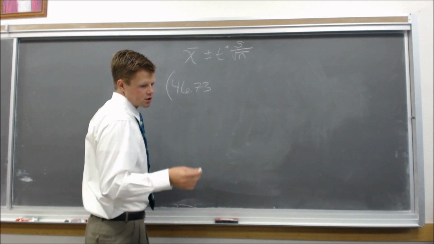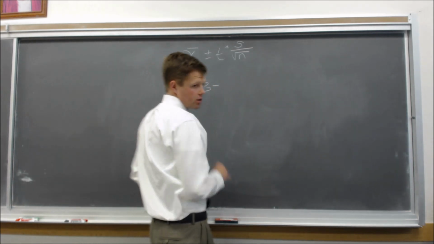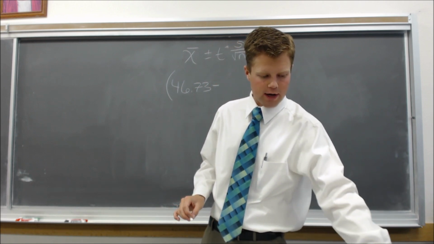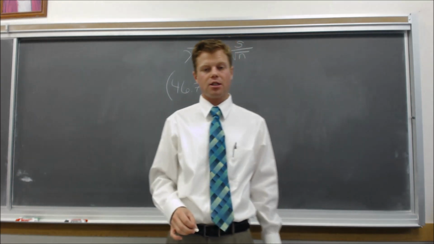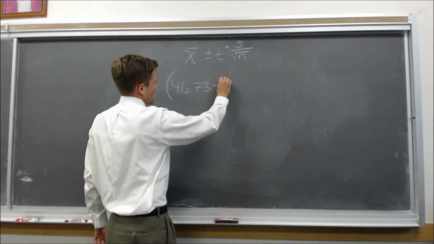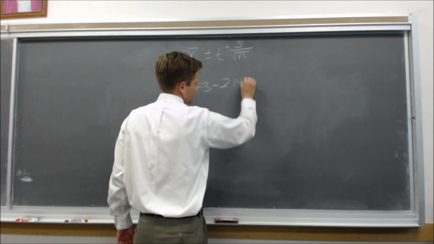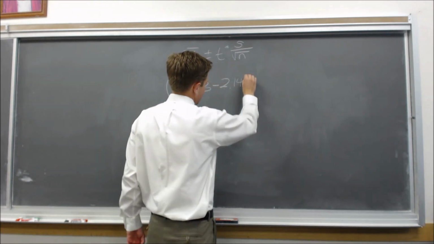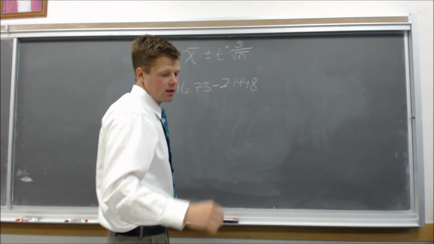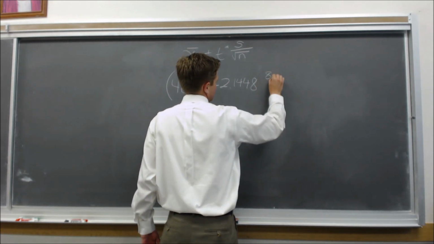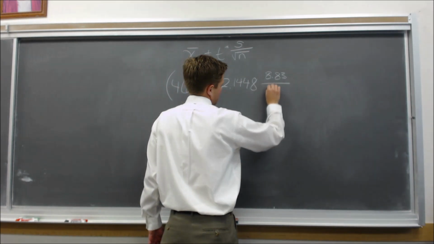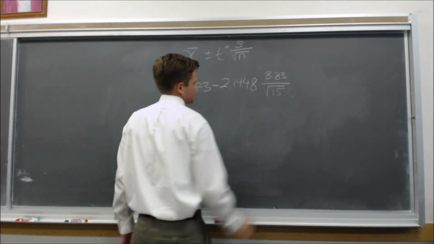And we are going to subtract the number that's found in the question where it says the t-score for a 95% confidence interval from the t distribution with 14 degrees of freedom is 2.1448. Okay, times the standard deviation of our sample, which is 8.83, divided by the square root of our sample size, which is still 15.